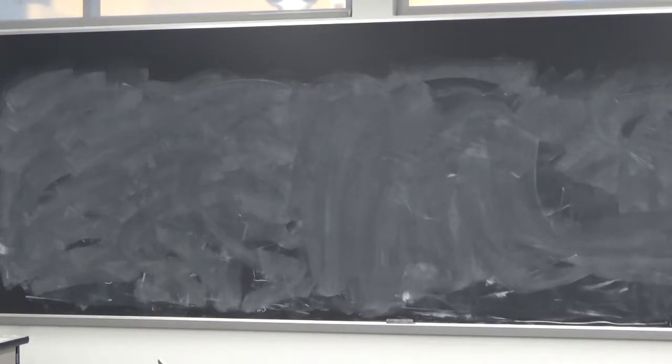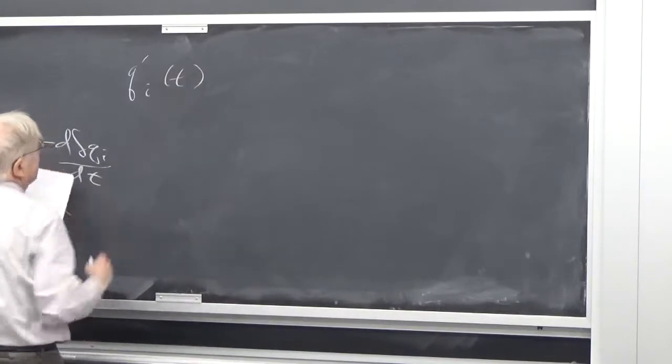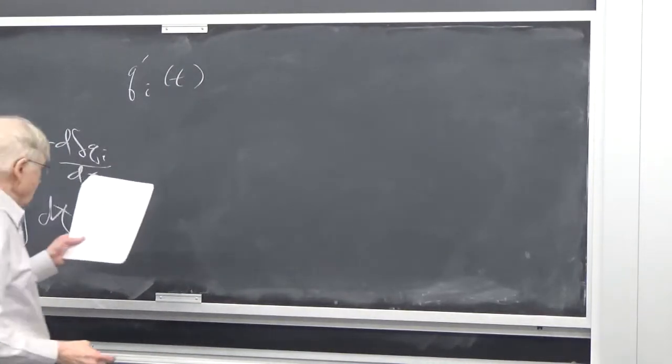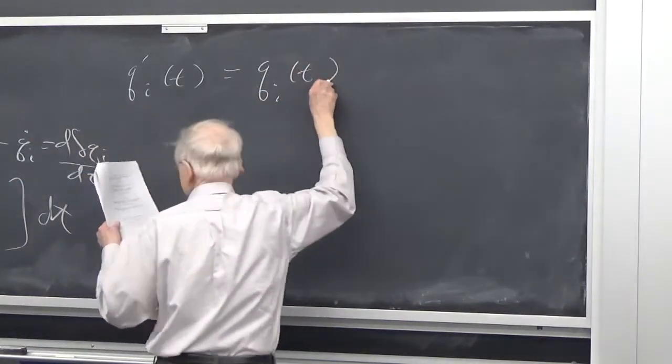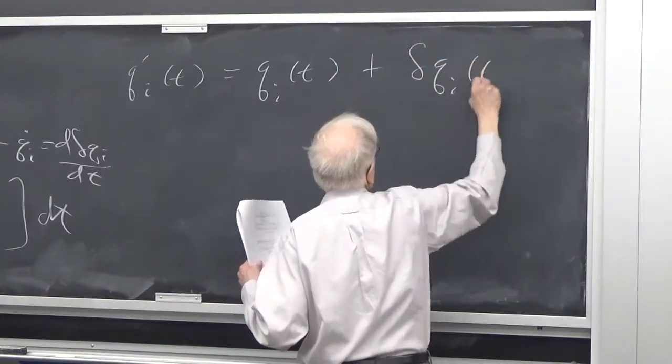Okay. So what Noether considered was, let's change Qi to Qi prime, which is equal to Qi of t plus some small change of Qi of t.